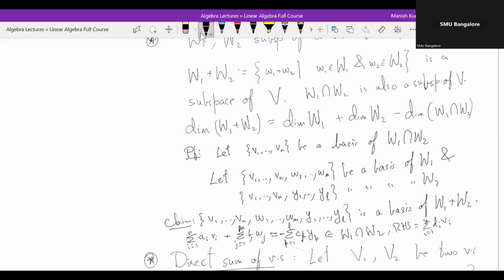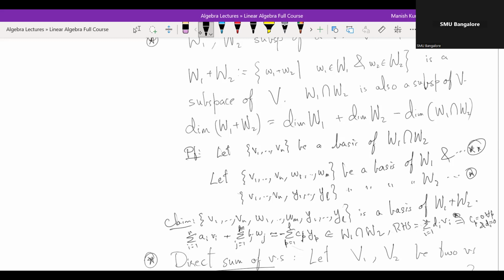So this implies, by star, that the CPs and DIs must be zero. So CP equals zero for all P, and DIs also equal zero for all I. Once CP is zero, then you get that these AIs and BJs must be zero because of this double star.